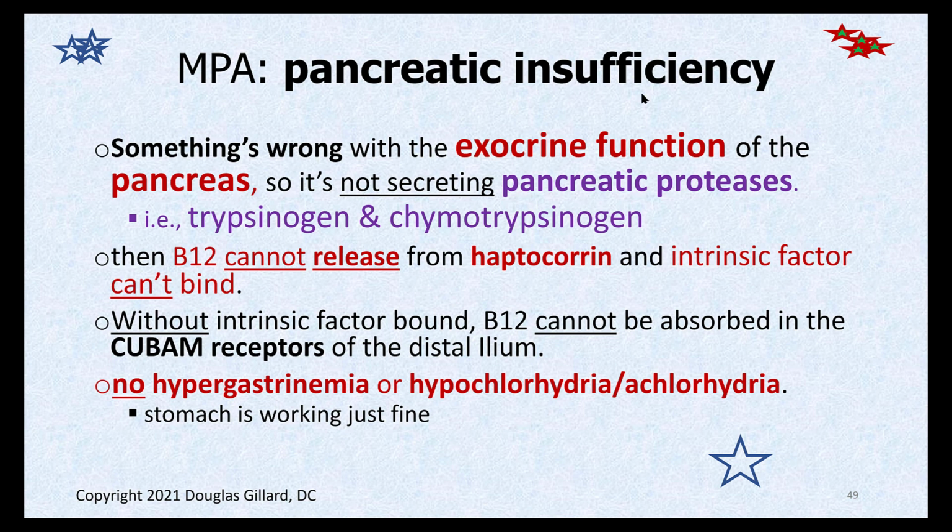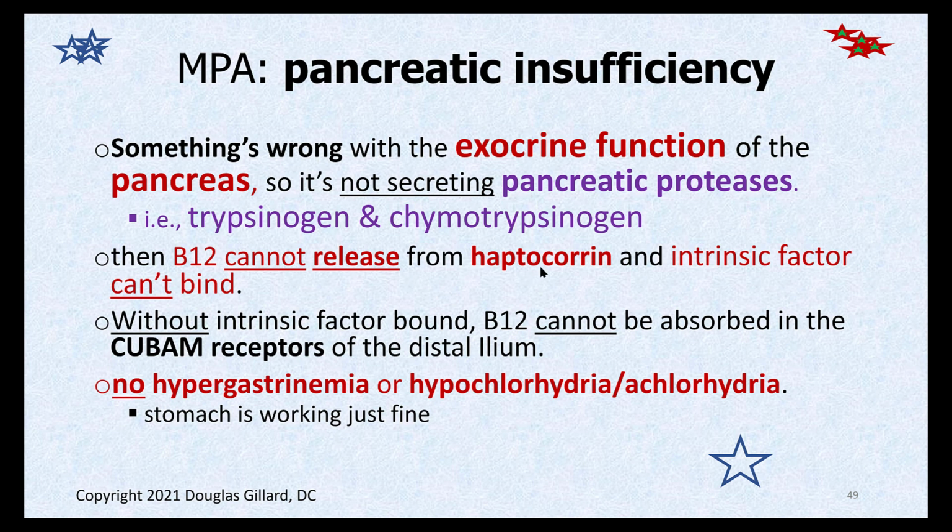That's where I'm going to trick you, right? On the test, I'm going to put endocrine function. It's got nothing to do with the endocrine function of the pancreas, right? That's insulin. That's glucagon. Exocrine function, that's the pancreatic proteases. That's trypsinogen. That's chymotrypsinogen.